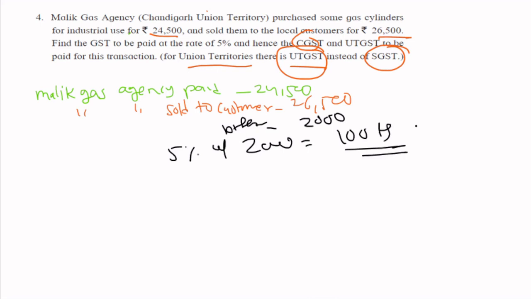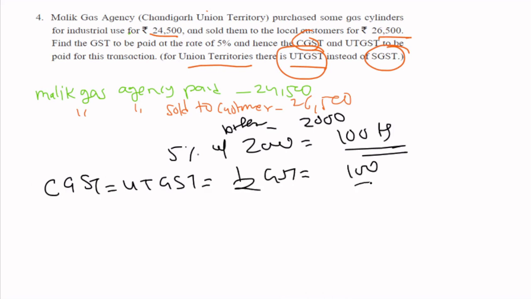That much GST Malik Gas Agency has to pay to the government. And we know that CGST, and in this case UTGST, is equal to half of GST, so 100 divided by 2, 50 each. So you have to pay CGST 50 rupees and UTGST 50 rupees.